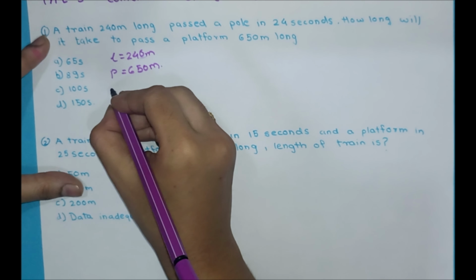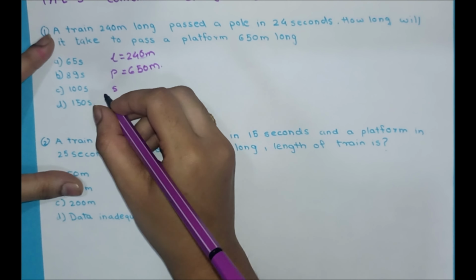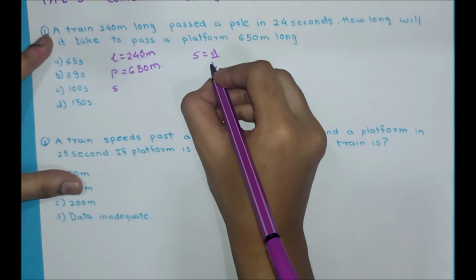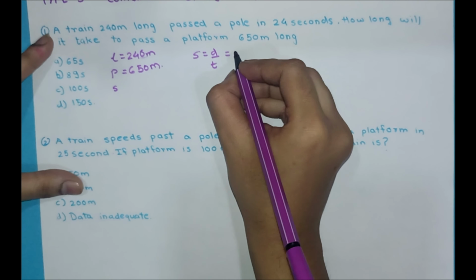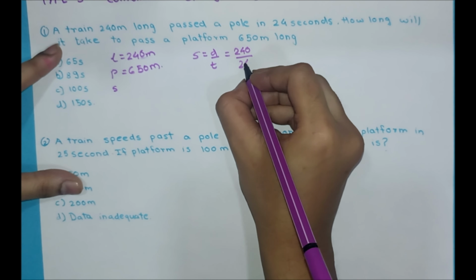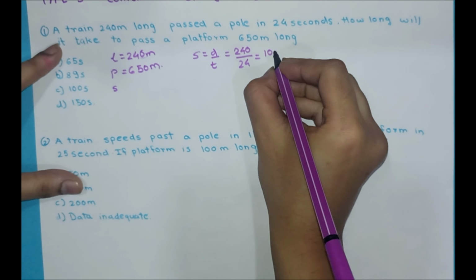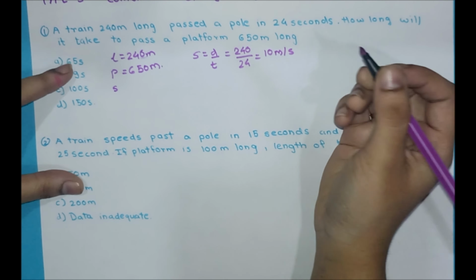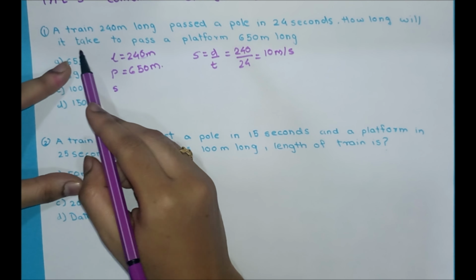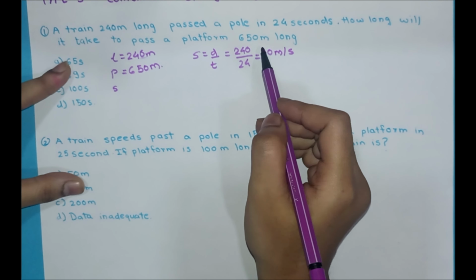So let the speed of train be S. In the first case, the speed will be written as distance upon time, which is nothing but 240 divided by 24. You get it as 10 meter per second. And for the second part, the length of platform is given as 650 meters.